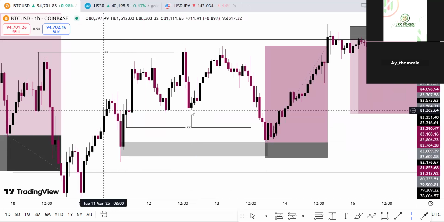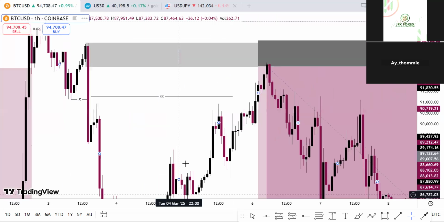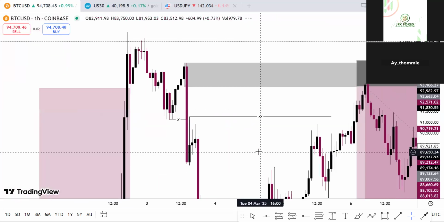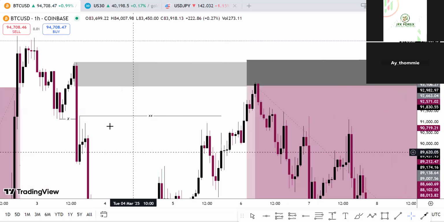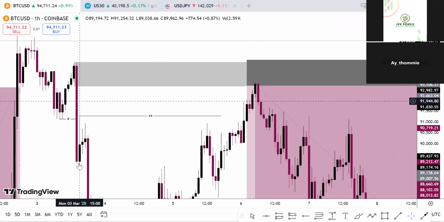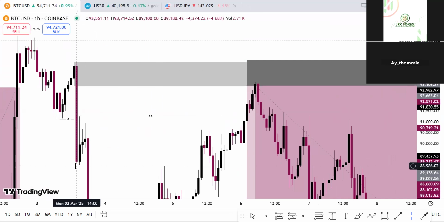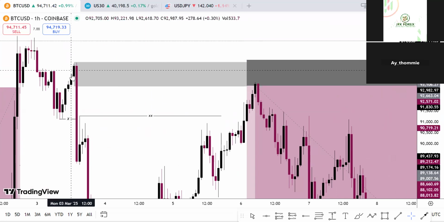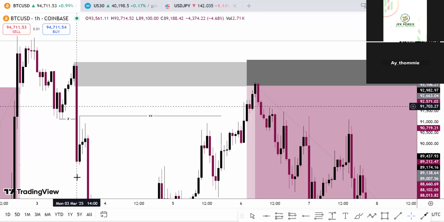So let me look for a sell. Yeah, that's good. This is a very good one. Now, this is the last buying candlestick before this huge sell broke down. You can see it, right? This is the last buying candlestick before this pull back.